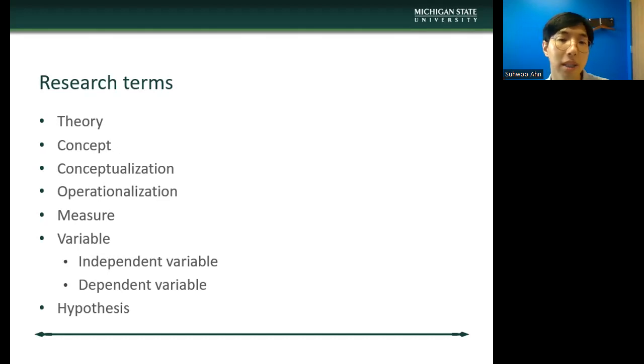Then we talk about conceptualization, which is about defining the concepts, like what is happiness or what is media use. This is the conceptualization. And then we talk about operationalization. Operationalization is to make abstract concepts more observable by assigning numbers.